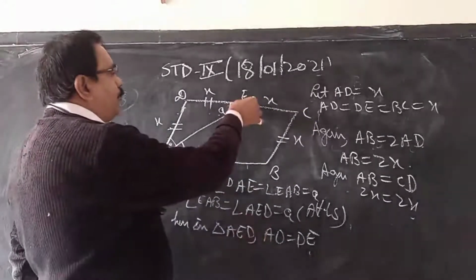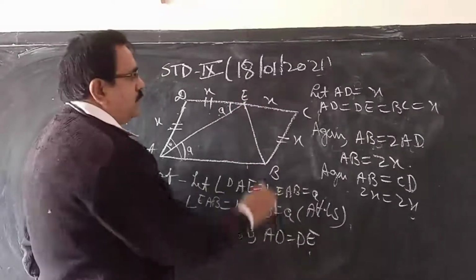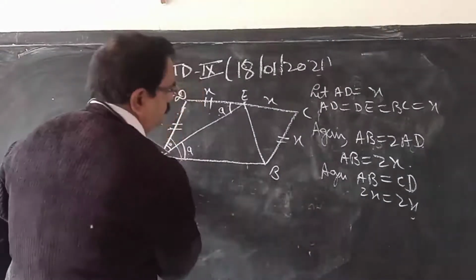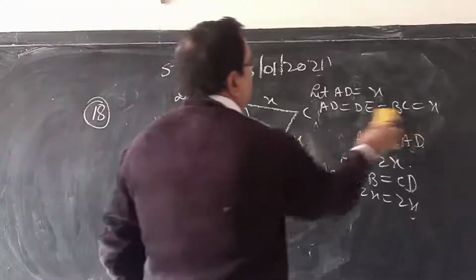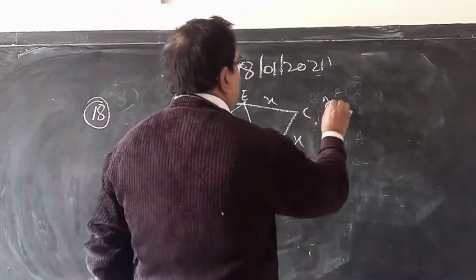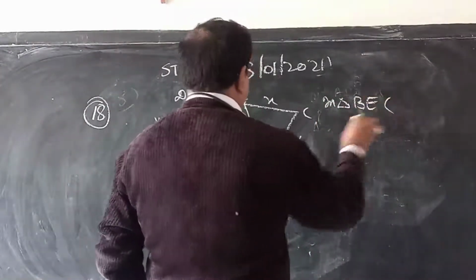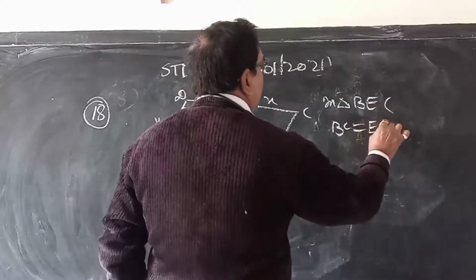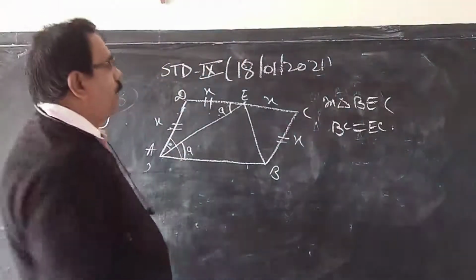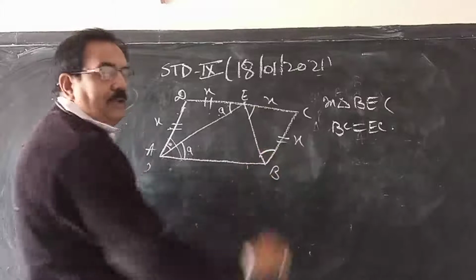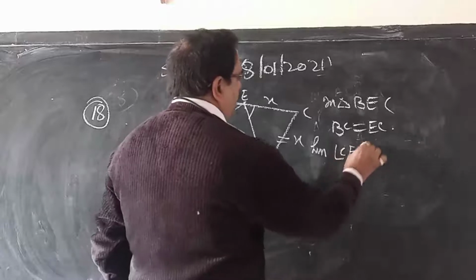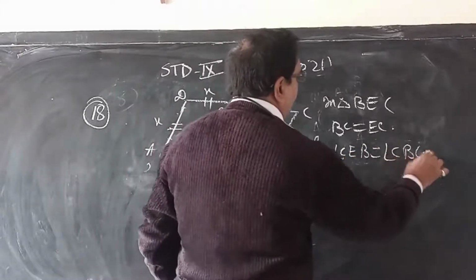Now when we join BE, in triangle BEC, BC is equal to EC, which means two sides are equal, so it is an isosceles triangle. It means their opposite angles will also be equal, so angle CEB will be equal to angle CBE.